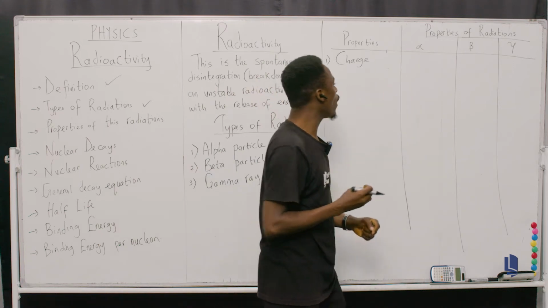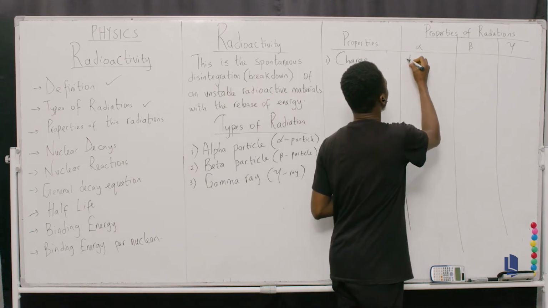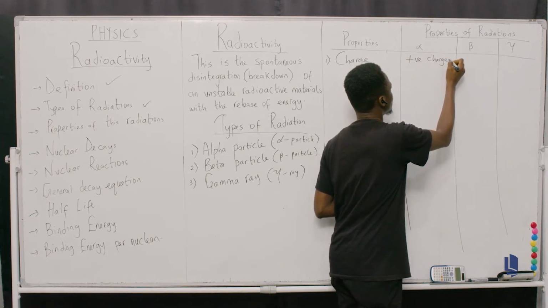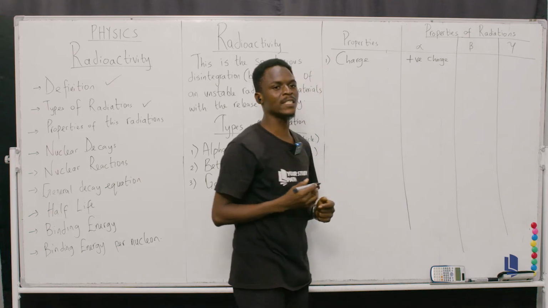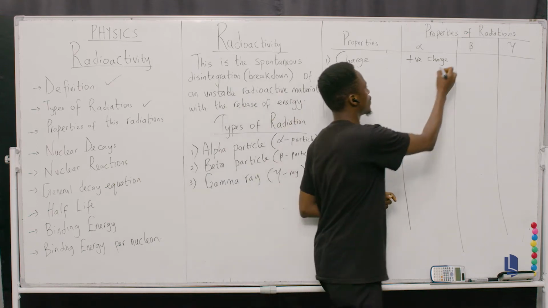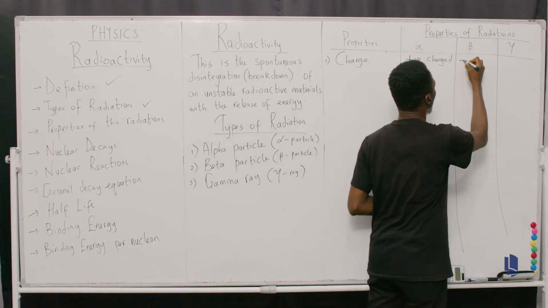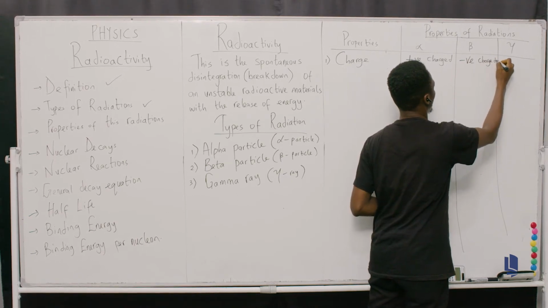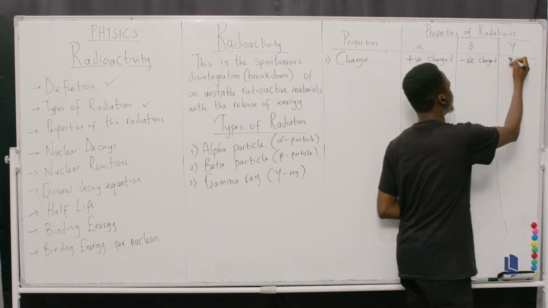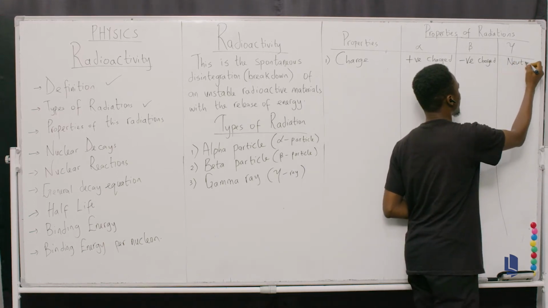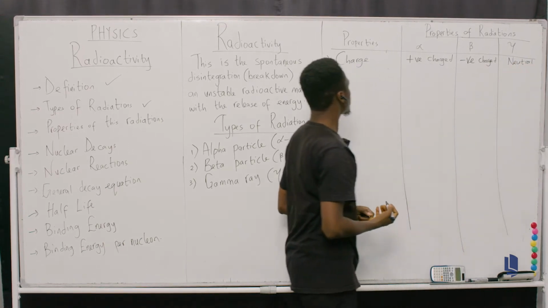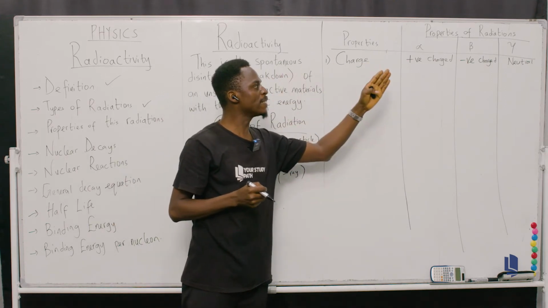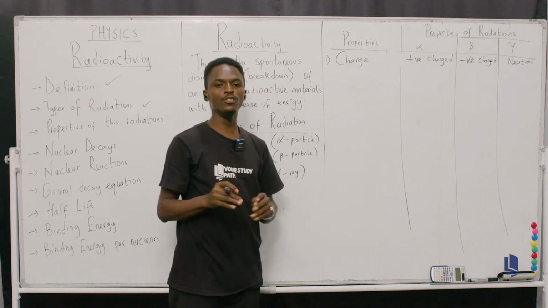We say that alpha particles are generally positively charged. Beta particles are negatively charged. Gamma is neutral. They don't have any charge. So in terms of the charge, alpha is positive, beta is negative, and gamma is neutral.